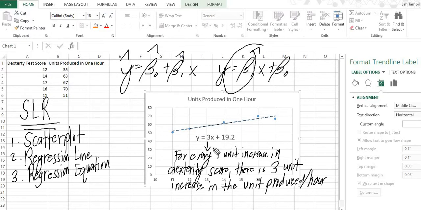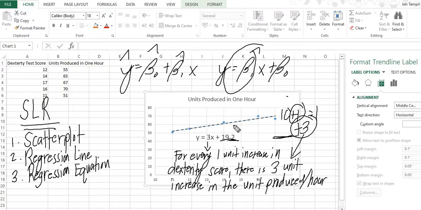So that means the more I would increase my dexterity score here, then I would actually have additional 3 every time. 3 more units every time I would do something. So if I would increase my dexterity score by 1, let's say if my dexterity score is 10 and I would make it plus 1, so it would be 11, then whatever my number of units produced here, it will be plus 3. That's what this means for our beta sub 1, 3.